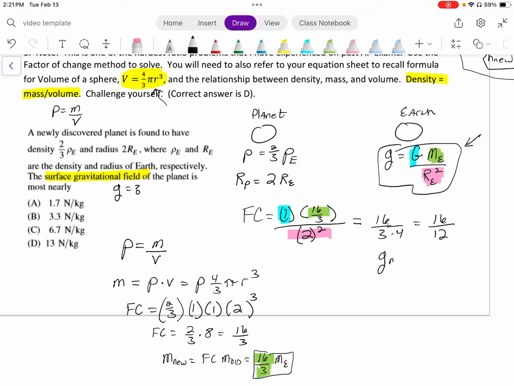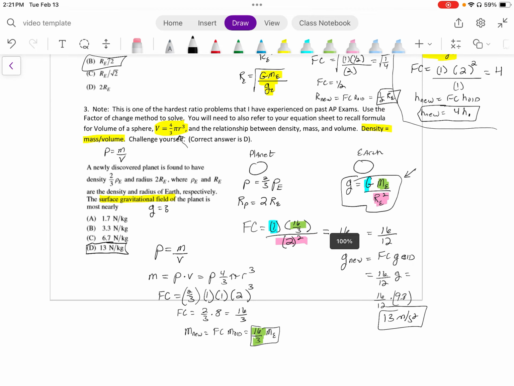So g new is equal to the factor of change times g old. So it's 16/12. Well, that's times g on Earth. So 16/12 times 9.8 meters per second squared, and that'll equal 13 meters per second squared, which, by the way, is a Newton over a kilogram. There's your answer.